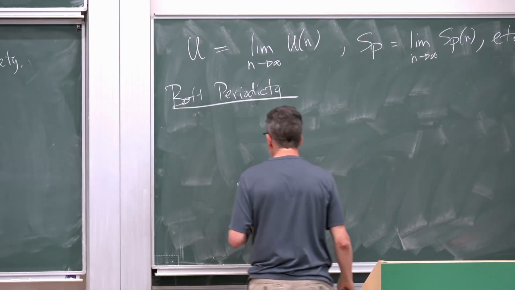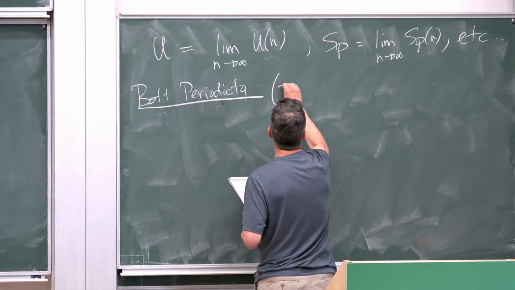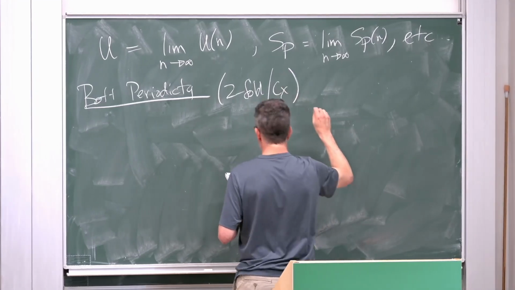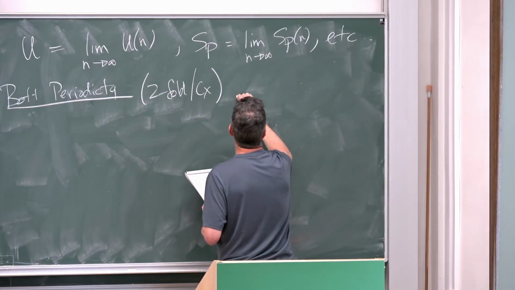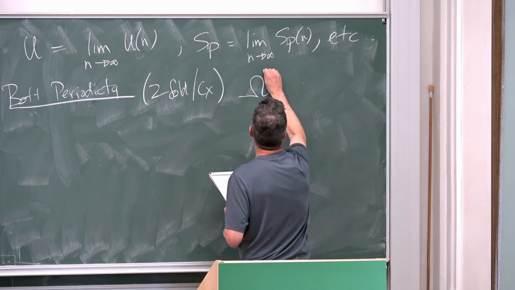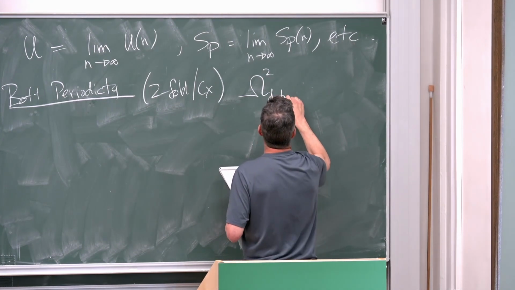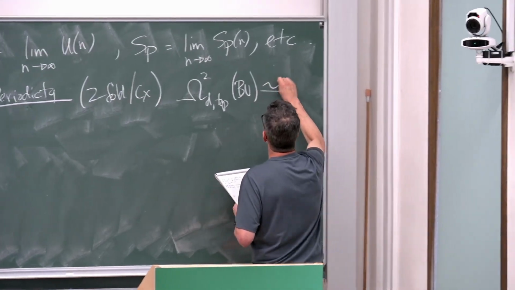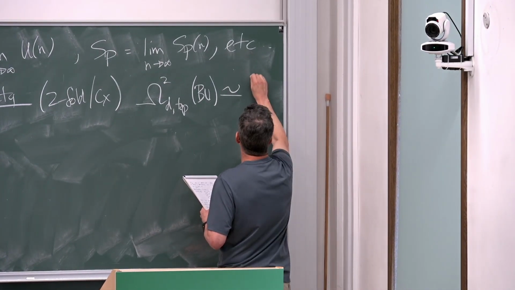So there's two versions here. There's the twofold or complex Bott periodicity, which you could phrase like this, where Ω²_top BU is homotopy equivalent to BU.